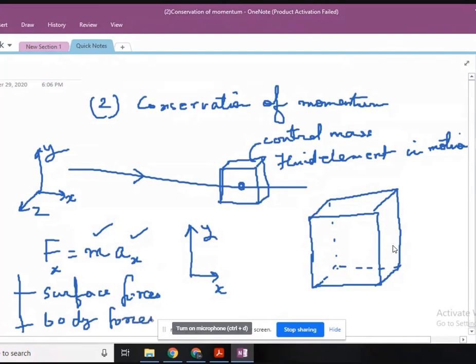So a combination of surface force and body forces can create this acceleration. First I understand what the different forces are which can create acceleration of this fluid element, and I know that in fluid physics, surface forces and body forces are going to move it. So I am trying to understand where these forces are located in order that this motion is possible. I see that surface force is possible here.